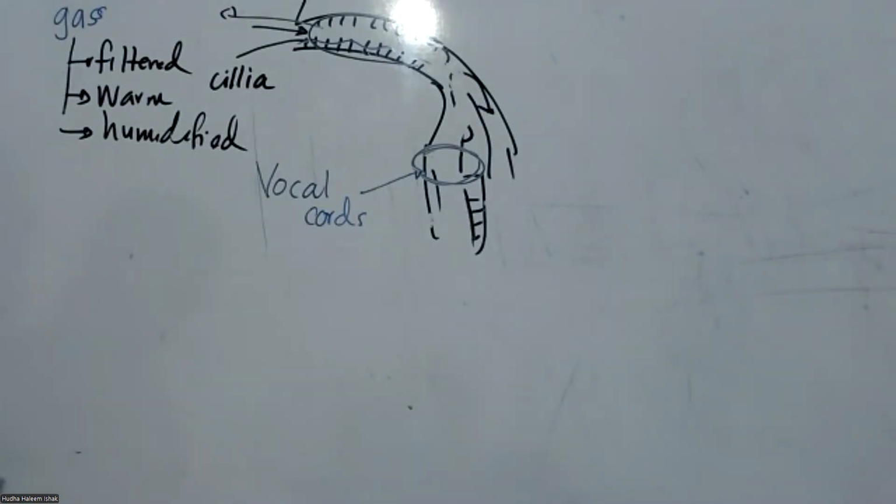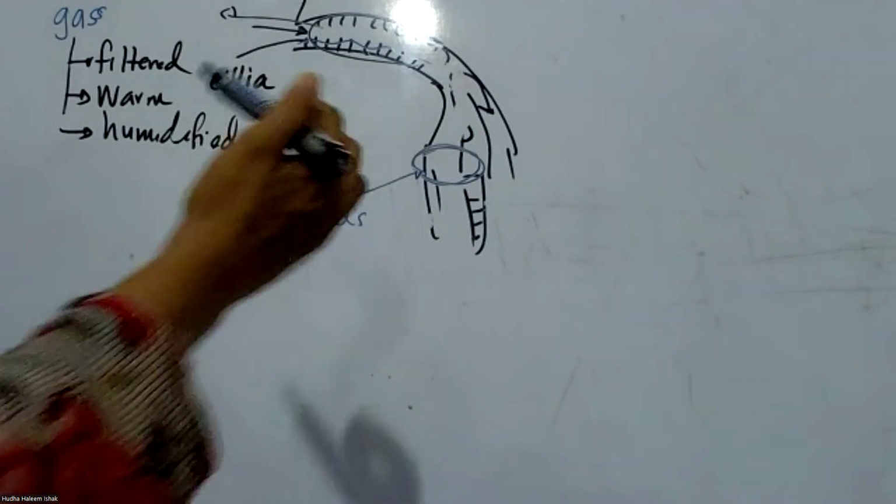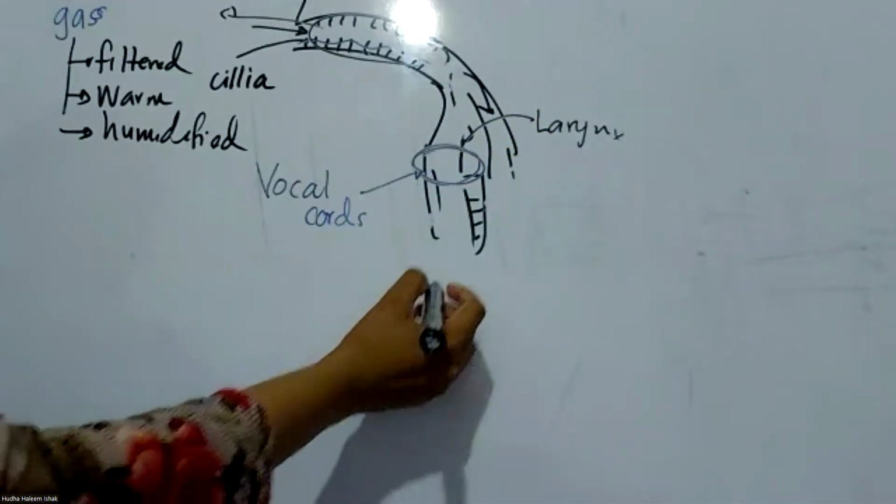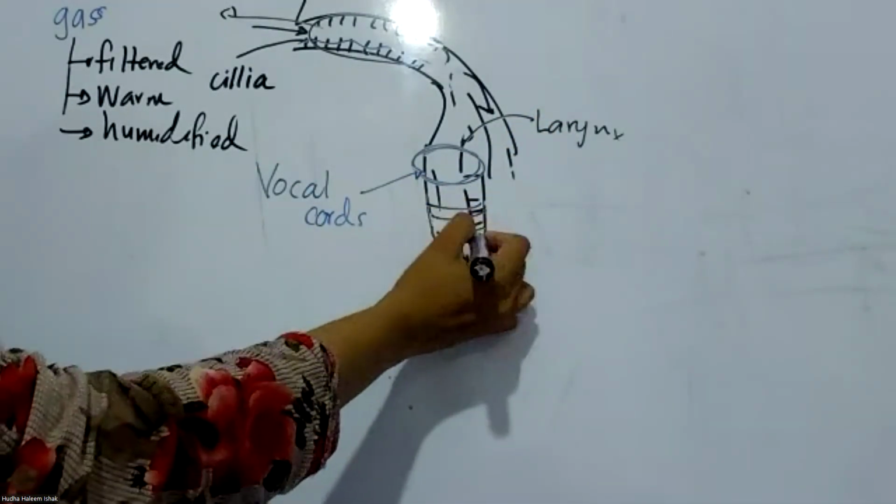You have to remember that both the trachea and larynx have cartilage, because when a large amount of air enters, they have to stay strong. Suppose this is the larynx and we have the trachea here.